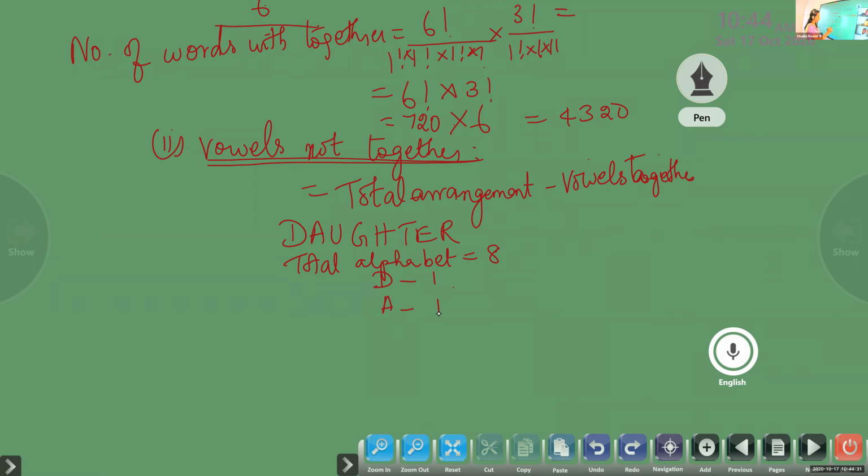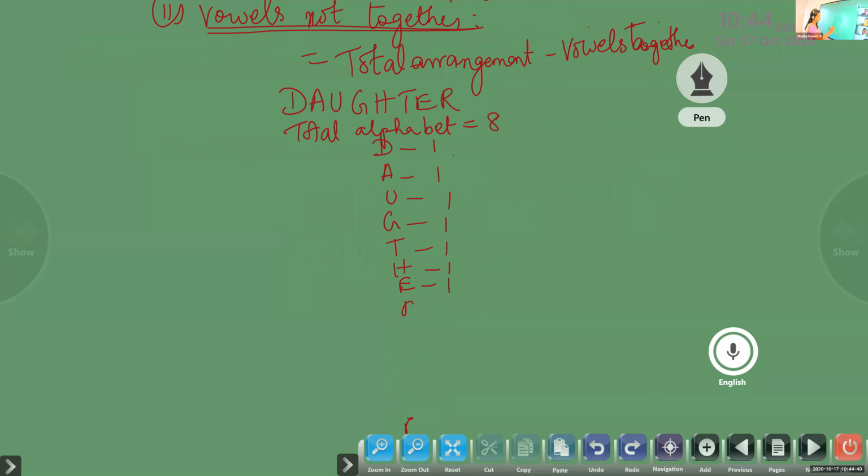A occurs once, U once, G once, H once, T once, E once, R once. So what is the total? Is it 8? So the total number of arrangements is 8 factorial.